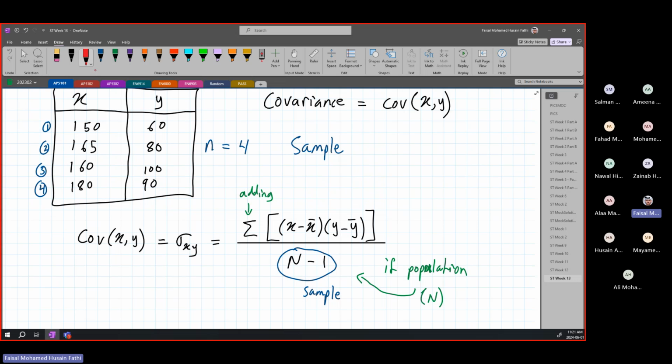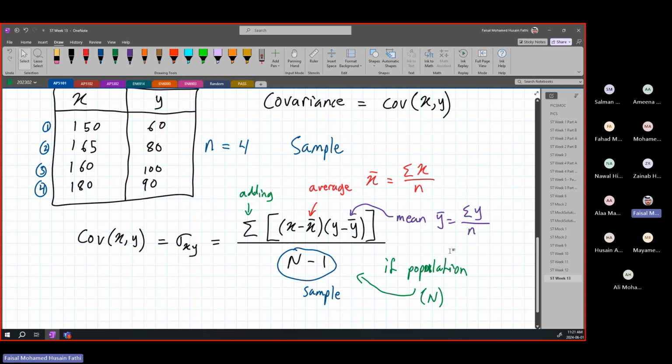Then we have our x bar, which is just the average: x bar is sigma x, all the values of x, divided by n. And we have y bar, which is also the mean, the same thing: y bar is equal to sigma y over n.